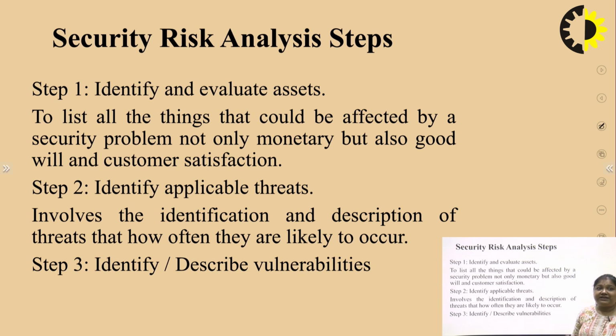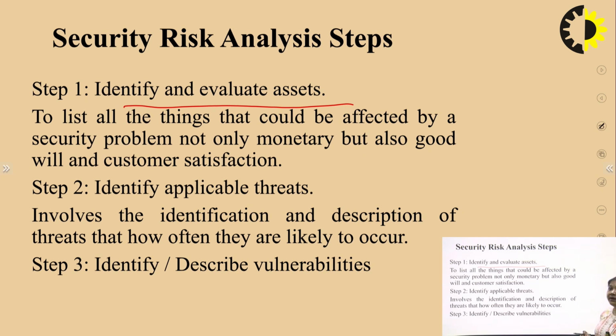Now there are some steps needed to implement security risk analysis. The first step is to identify and evaluate assets. This is the very first step: to list all the things that could be affected by a security problem, not only monetary but also goodwill and customer satisfaction.